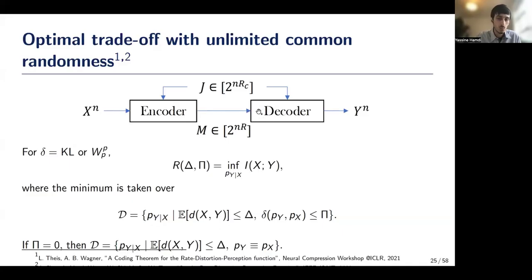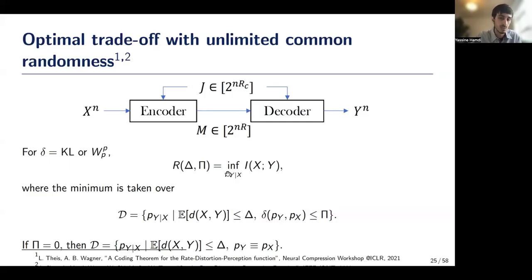And like we found before in the previous theorem, we have a new theorem now, where you have the minimum possible rate to achieve distortion delta and to achieve this capital pi, the distance between probability distributions should be less than capital pi. So we have a new minimum rate that is bigger than before.